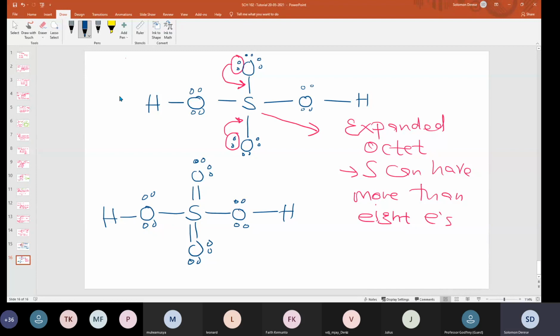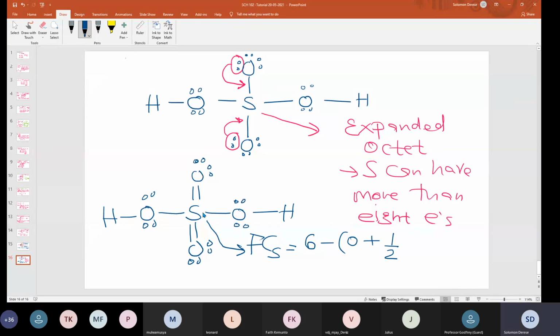So when you look at this structure, without even doing formal charge calculation, you will see all the 4 oxygens are neutral. Let's calculate for the sulfur. Formal charge on the sulfur in this particular case: we have 6 valence electrons minus 0, since we do not have any lone pair of electrons on the sulfur, plus half the number of bonding electrons.